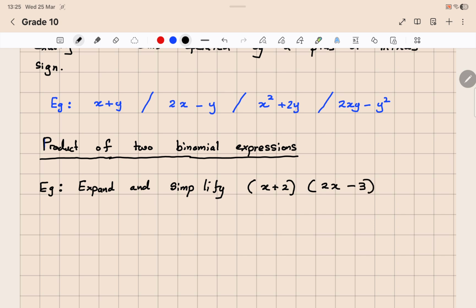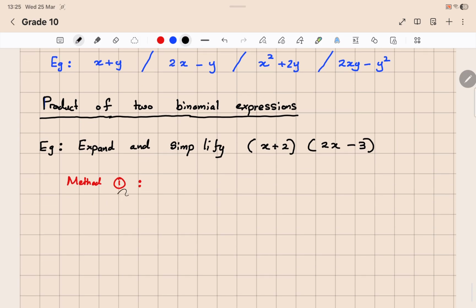Right, so let's try to expand and simplify this product of two binomial expressions. So I will teach two methods. Method 1, that's the normal method in your textbooks. Right, so what we do is pick one bracket.